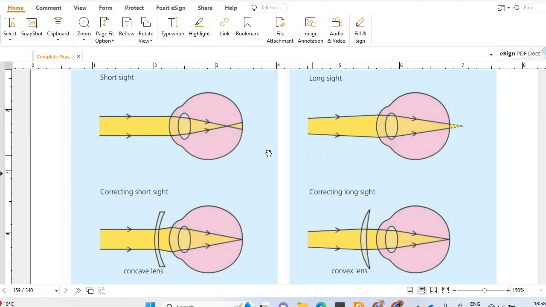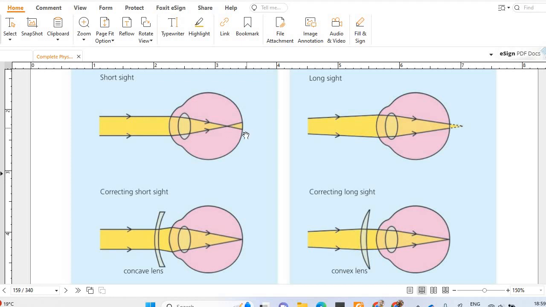So now let us understand the problem and how it is solved using corrective lenses. If the light rays are coming like a parallel beam, the cornea and the lens together of a myopic person do too much converging of light, so that before the image can be formed on the retina, it forms the image before itself.